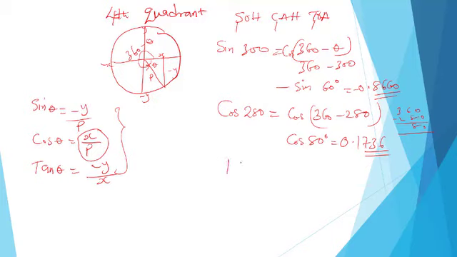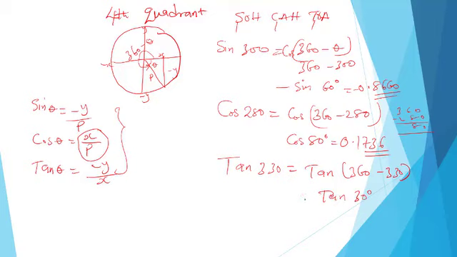Now the last part of it is tan. Let's use tan 330. It is still a member of that range because it's greater than 270 and less than 360. So the rule is the same: tan 330 is the same thing as tan of 360 minus 330, which is tan 30 degrees.